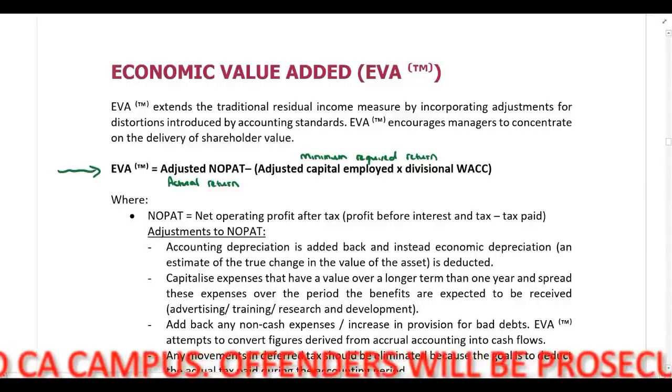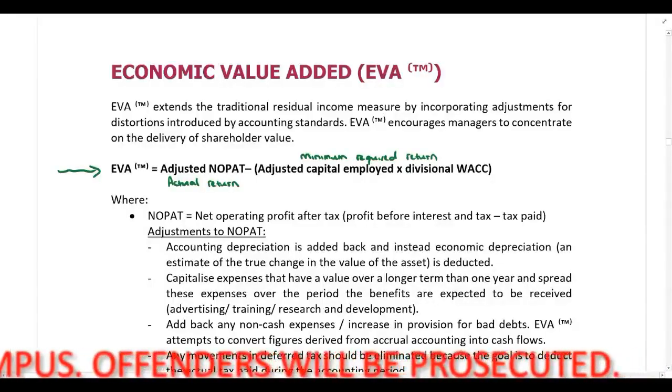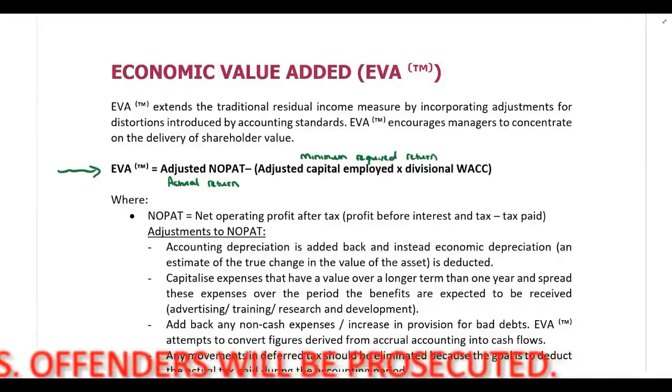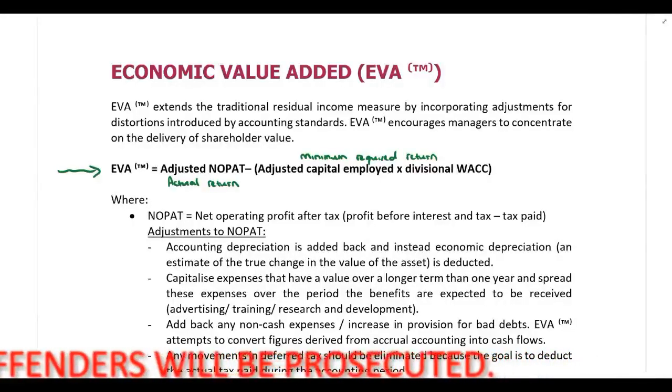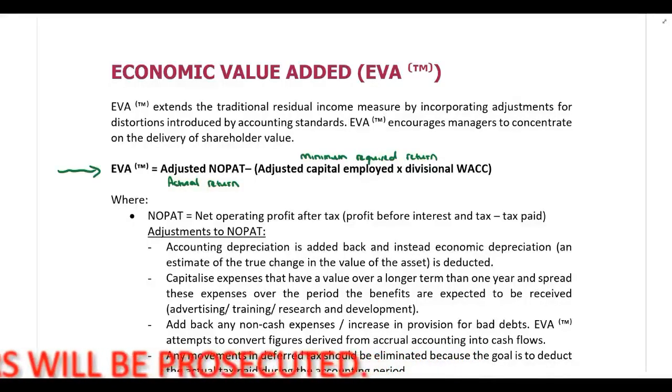So if we calculate a positive EVA, that means value has been created and the division has performed well. If we calculate a negative EVA, that means value has been destroyed and the division has not performed well.